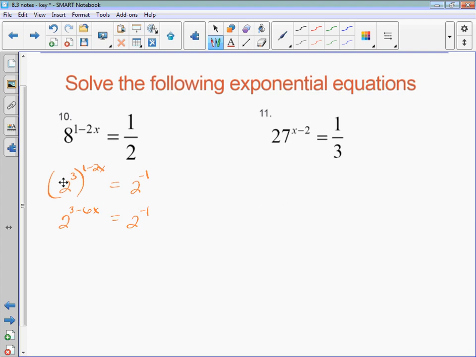They would have to equal each other. So then you can write the equation 3 minus 6x equals -1. And that should be a simple algebra 1 equation to solve, right? So -6x equals -4. X is going to equal 2/3.